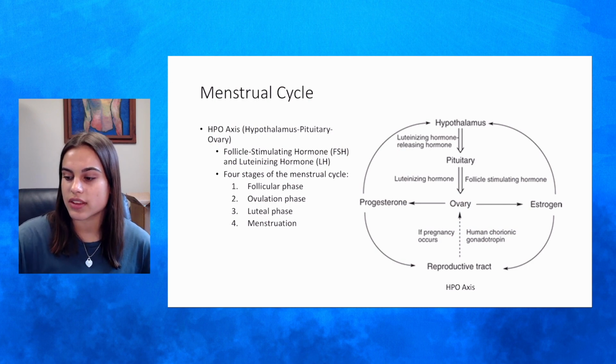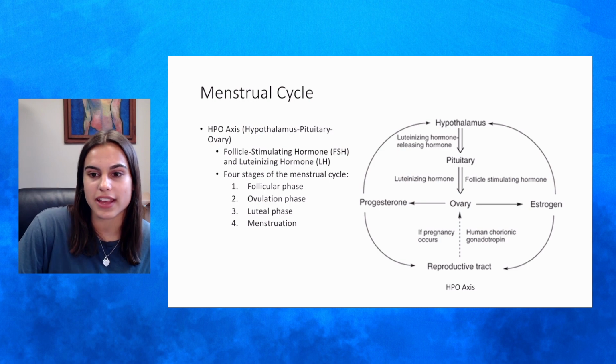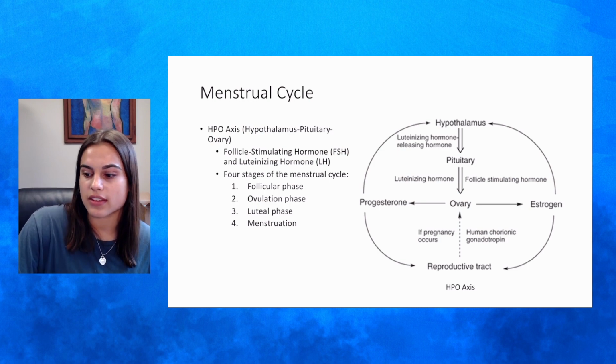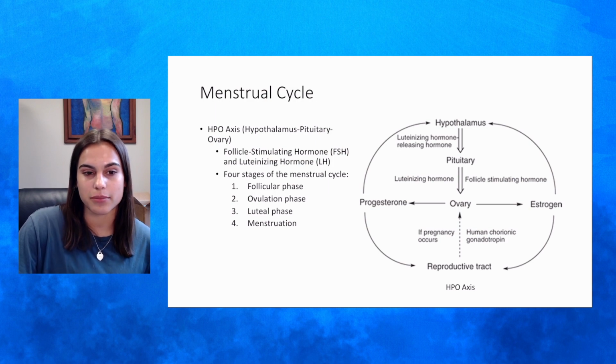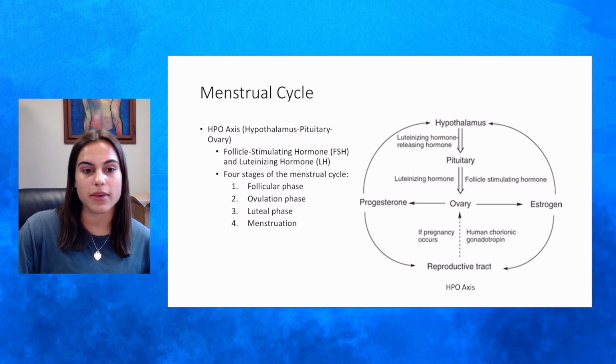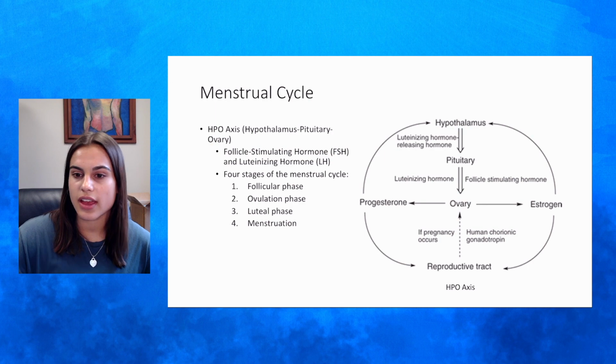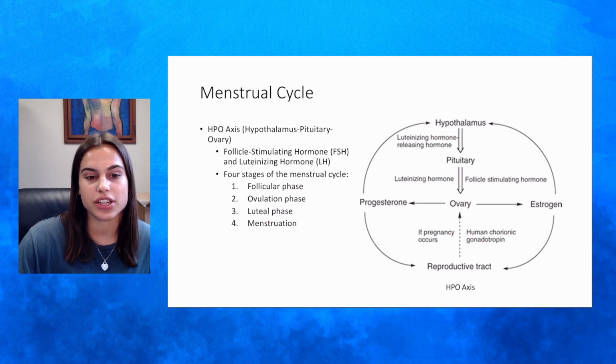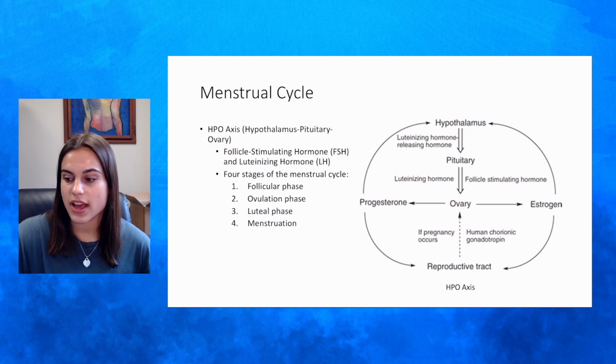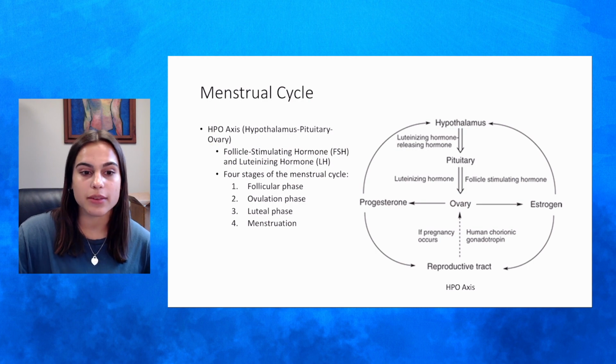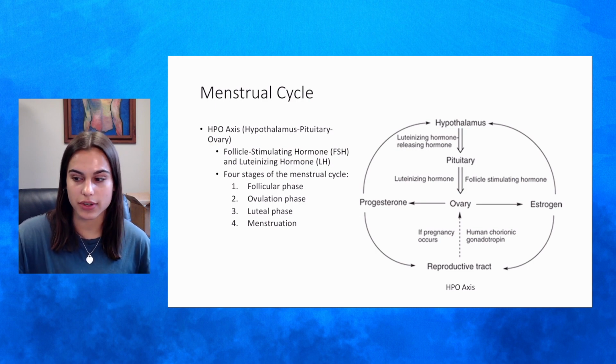And these two hormones are controlled by the hypothalamus, and that regulates the release and the control of estrogen and progesterone over the menstrual cycle. And then the pituitary, which is also a part of the brain, is in charge of making both of these hormones, and it also determines when the hormones are released.